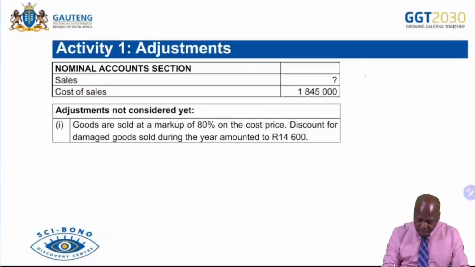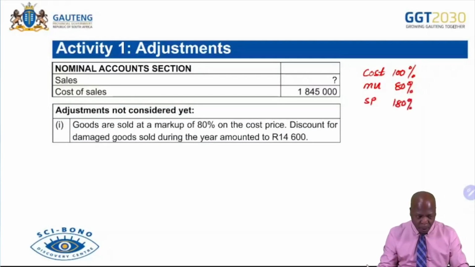goods, you have to come back to what you have done in your grade 10. That is, every time the cost is 100, so the cost is 100%, and you also have what is known as your markup. Your markup in this case is 80%. So then your selling price therefore becomes 180%. Very important.